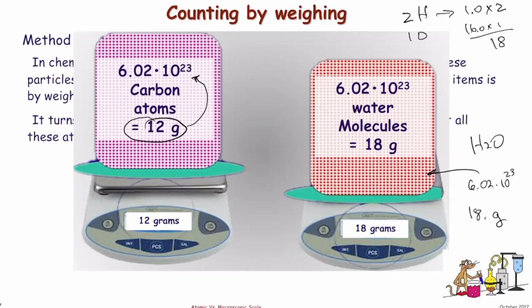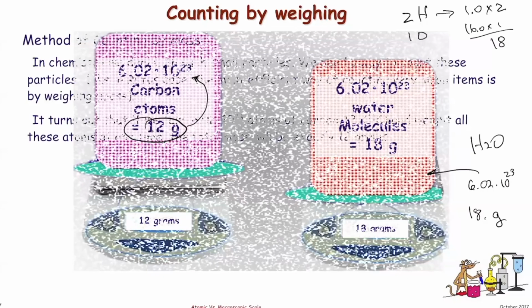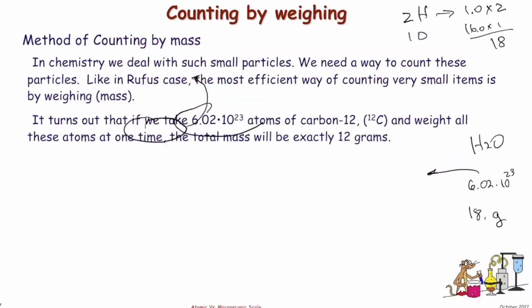That is a conversion factor. It takes the atomic scale and magnifies it up to the macroscopic gram scale that we are used to. That's why we use the mole, because 6.02 times 10 to the 23rd is also called Avogadro's number.